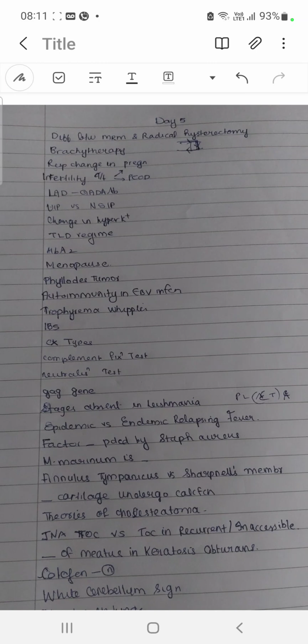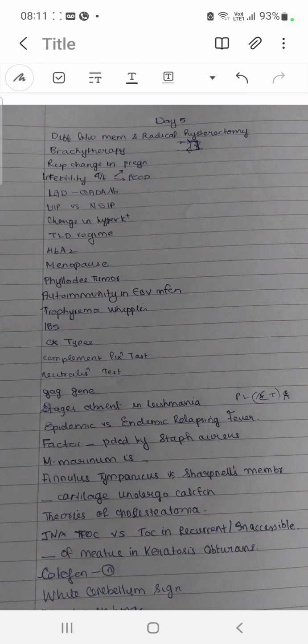Complement fixation test examples are Wassermann and TPI. Neutralization tests: Nagler's and Schick test. GAG gene is for outer core and shell protein. GAG, POL, ENV. Pol is polymerase enzyme, ENV is envelope.